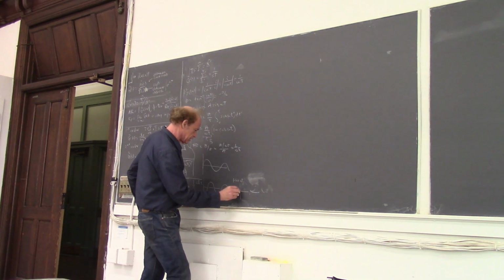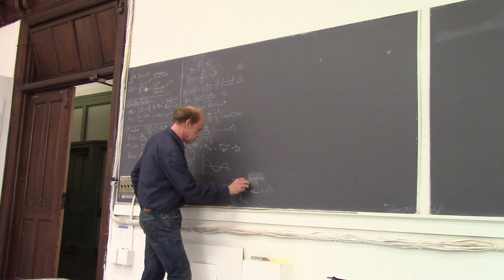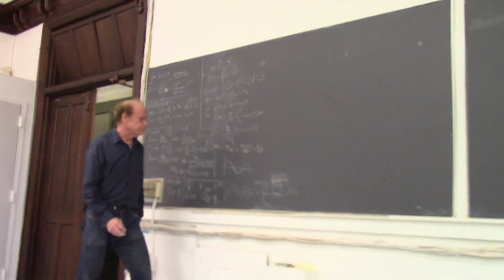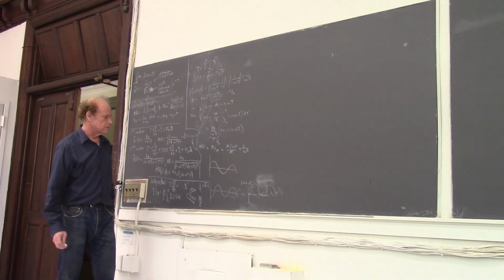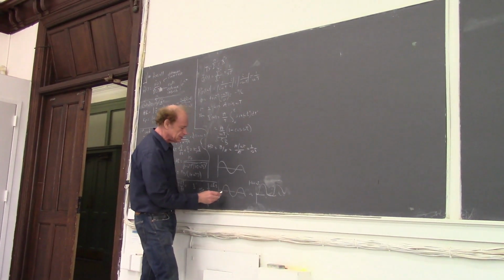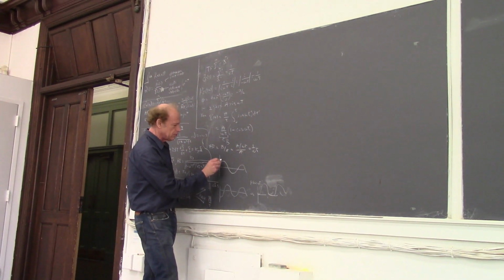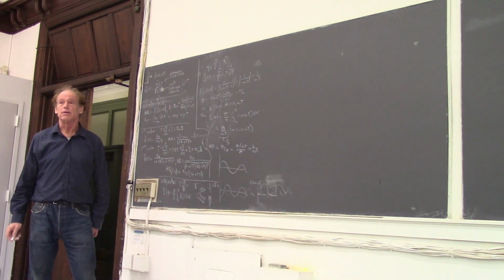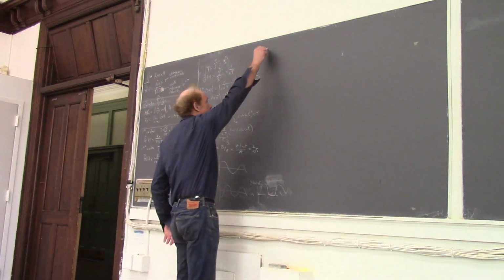So it actually does look like this. So this peak, which corresponds to the same place as this peak, is further over than this peak, and the difference is minus pi by 2. I didn't draw it very well, but you can check that.